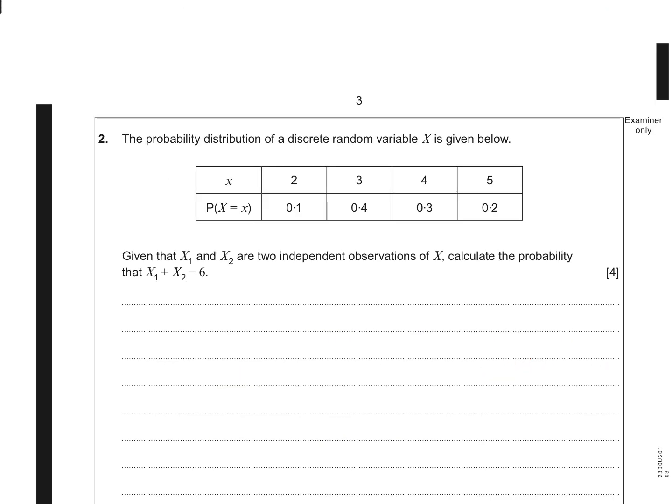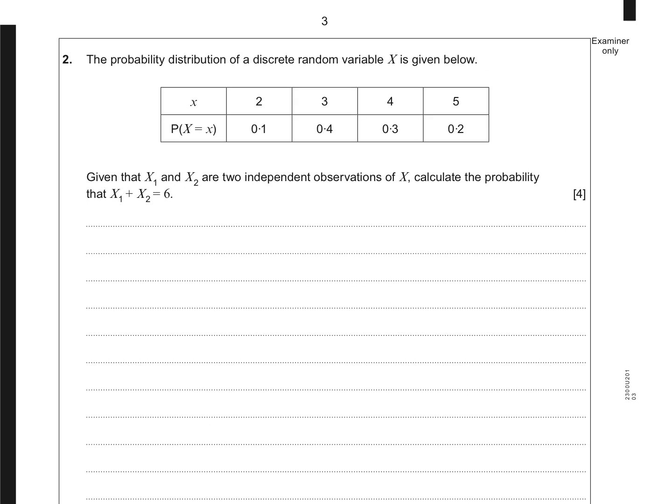Okay, so if we have a look at this question, we're given a probability distribution. We don't need any context for this, just a bunch of numbers in a table. Whatever x is, it can take values 2, 3, 4, and 5, and those are the probabilities.